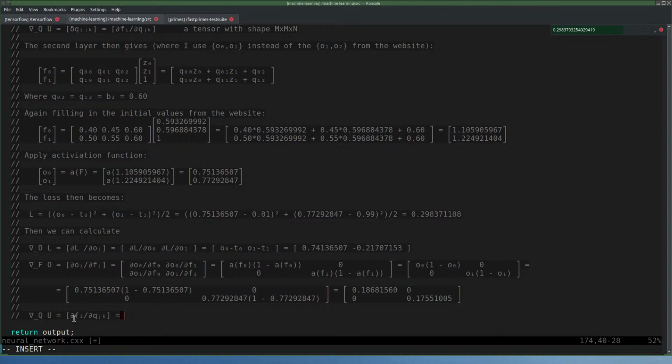So what is this? Derivative of F relative to Qjk. That is a three-dimensional tensor. Now write that down.